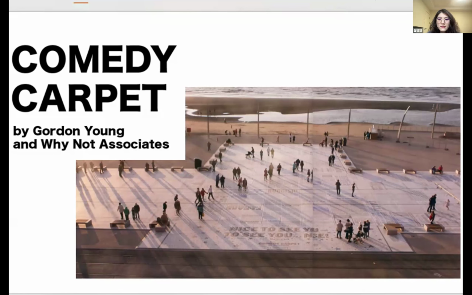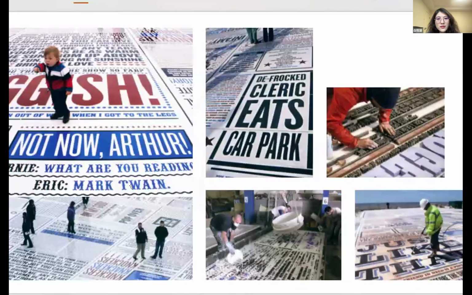So what makes it remarkable? Well, let's break this down. Can you see the picture? Okay. The project's client is Blackpool City Council, and they have one clear brief.